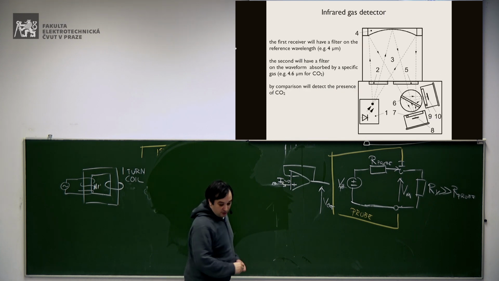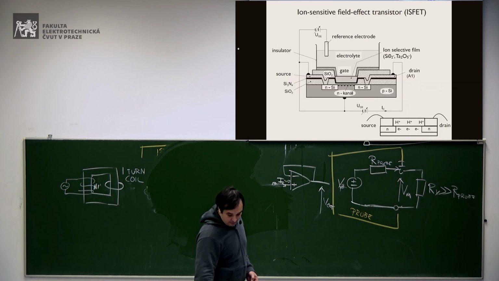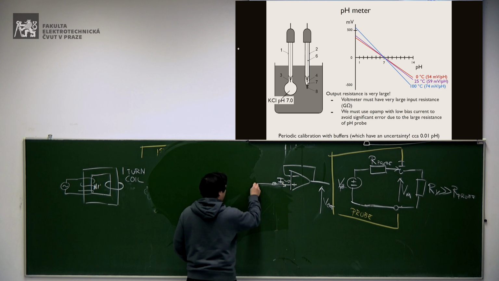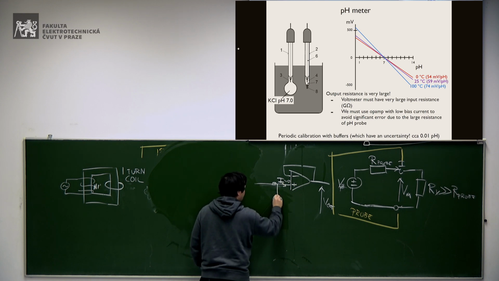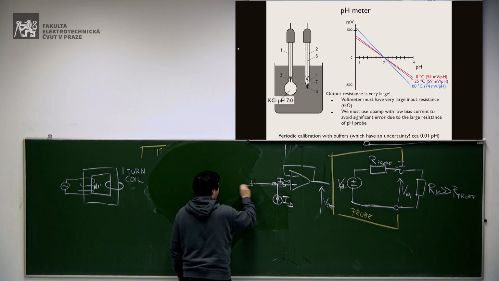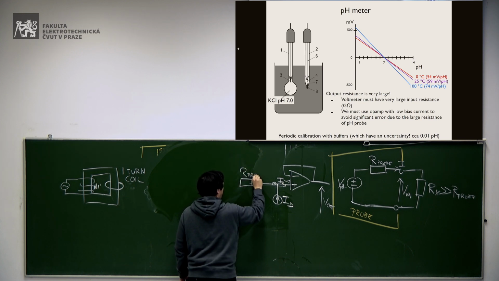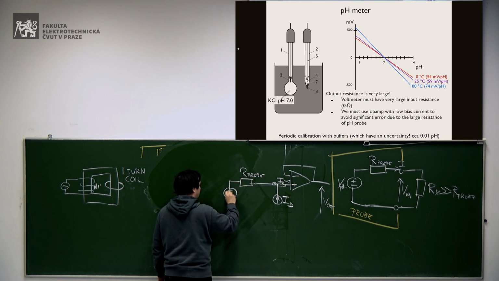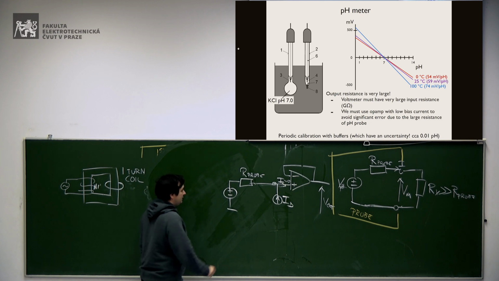Okay, oops, I moved this. Here we go. So let's say that you have this bias current here. And here you have a very large resistance of the probe. And here the voltage of the probe, okay?